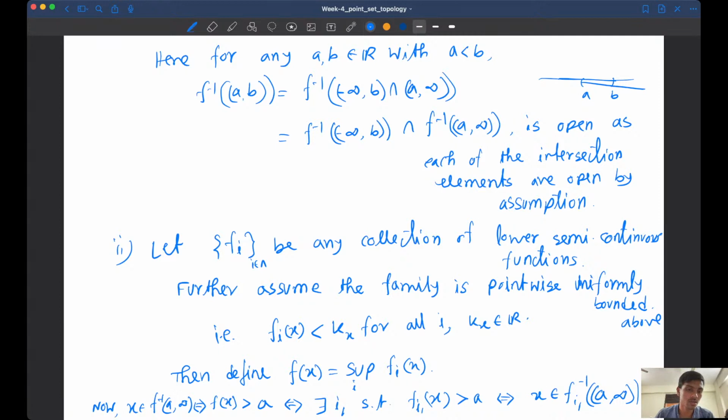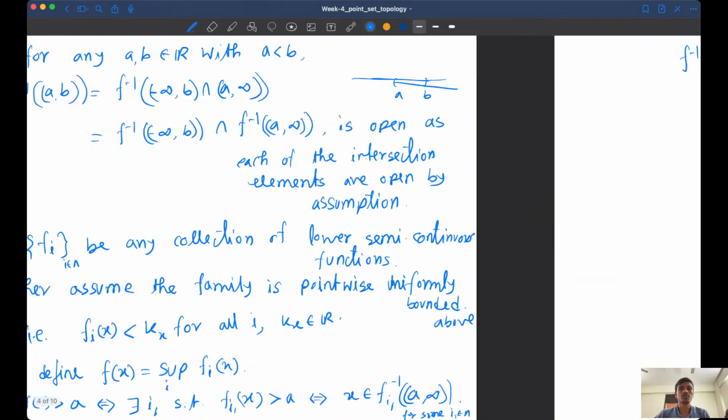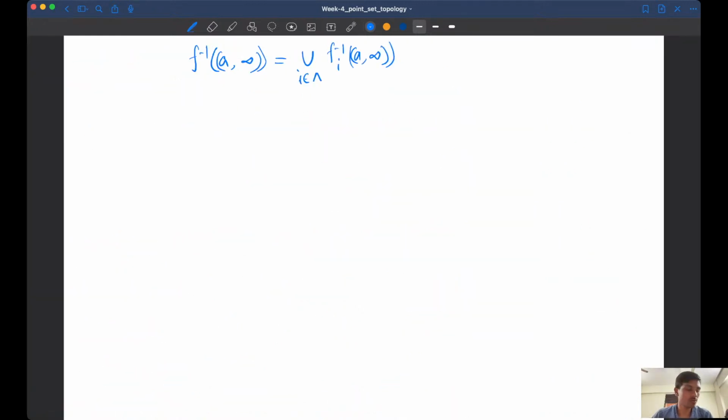For that I consider an element of f inverse of (a, infinity), and I show that it belongs here if and only if the element belongs to some f_i1 inverse of (a, infinity) for some i1 belonging to Lambda. So f inverse of (a, infinity) is exactly the union of all these f_i inverse of (a, infinity). That's what I have written.